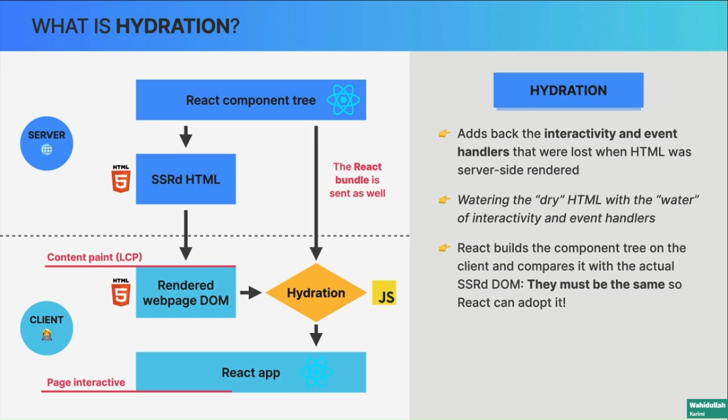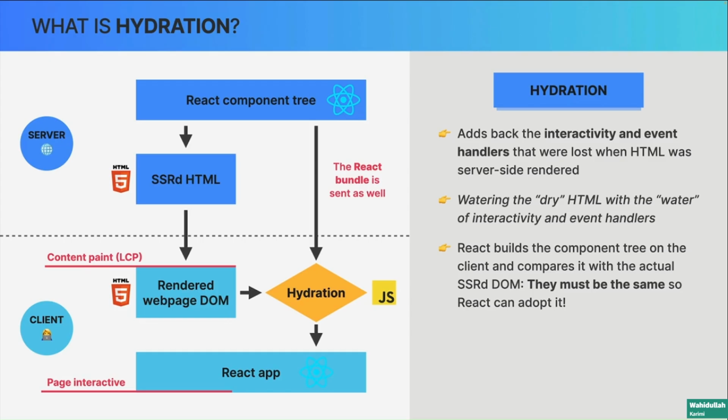Now, remember how I said earlier that this process only works when the existing server-rendered DOM fits exactly to the DOM that React would output on the client. That's because hydration can take a few seconds, and if there were differences between the two DOMs, then the page content would change after hydration finishes, which would be a pretty bad user experience.